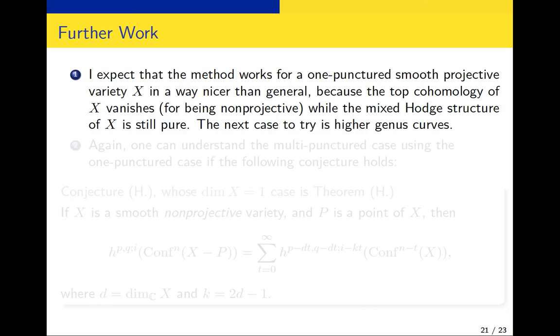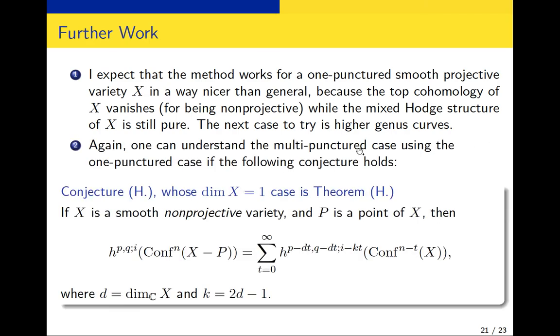So the next obvious thing to do is higher genus curves, and actually there is nicer behavior, except that you don't get purity, so we don't get the generating function immediately.